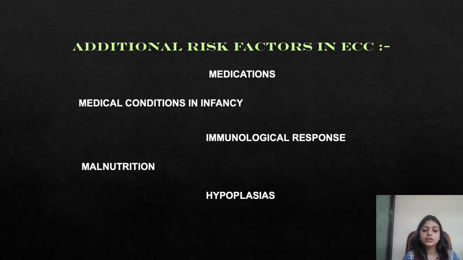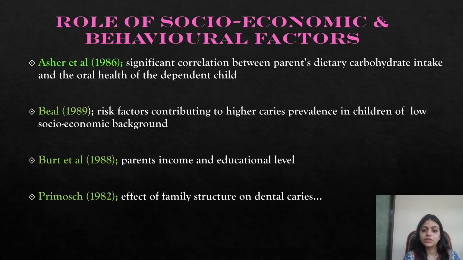Then there are certain other additional risk factors like medications, medical conditions, immunological response, malnutrition, and hypoplasias, which affect the development of caries. Then there is a role of socioeconomic and behavioral factors. A significant correlation exists between parents' dietary carbohydrate intake and the oral health of the child who is dependent on them.